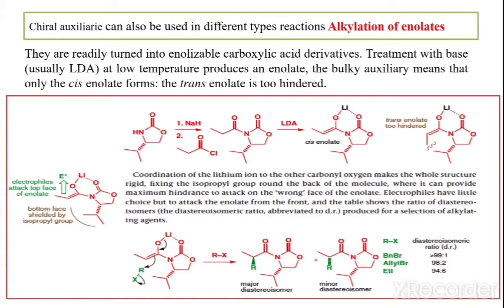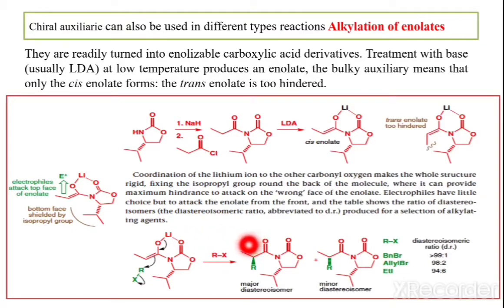This table shows the ratio of diastereomers, the diastereomeric ratio abbreviated as DR, produced for the selection of alkylating agents. That means the addition of electrophile is from the top face of the enolate, because the bottom face is shielded by the isopropyl group. Therefore if you add this alkyl halide it comes from the front side.